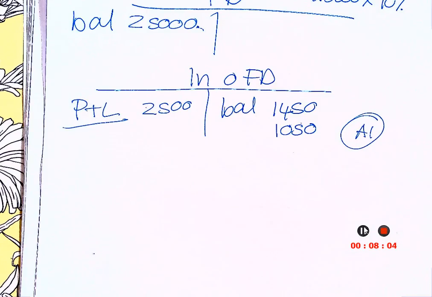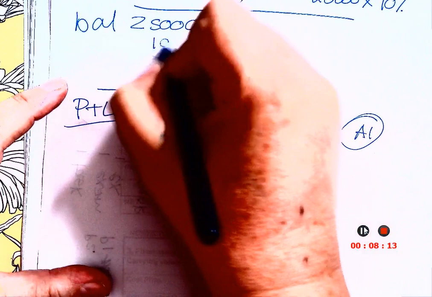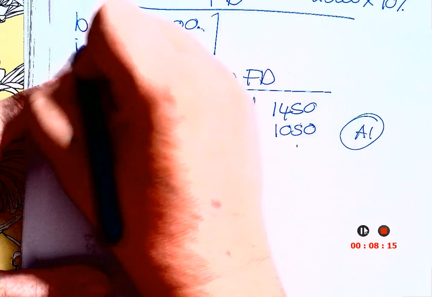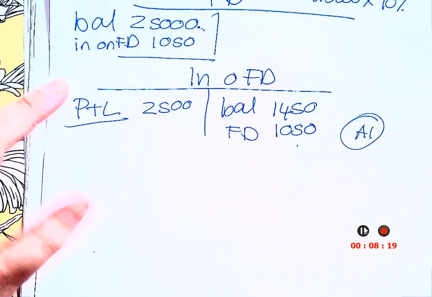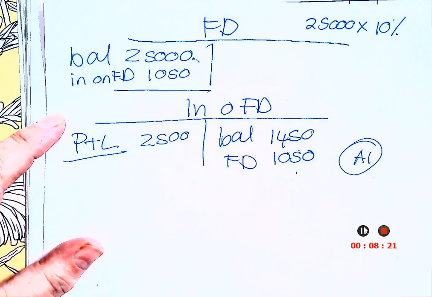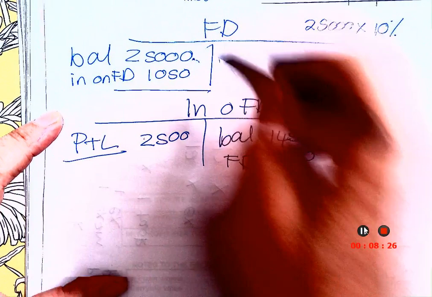When it matures, it comes with the maturing amount, so that will go to the fixed deposit. When the fixed deposit now matures, how much will come into my bank? Both those amounts.